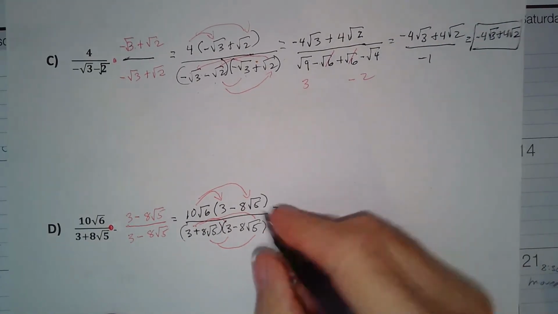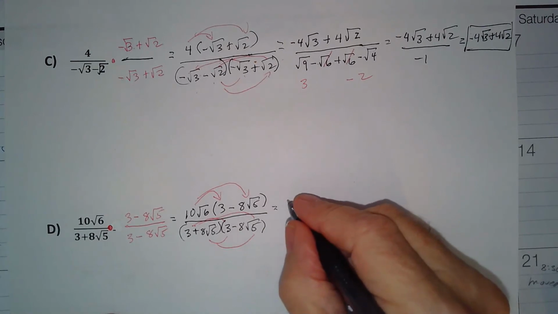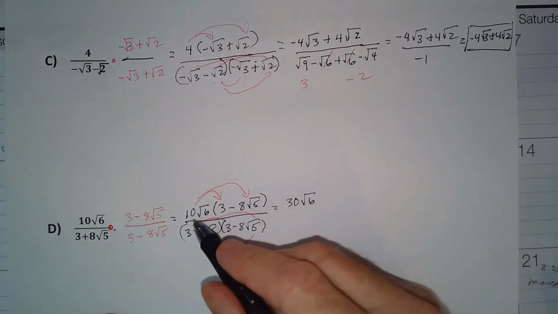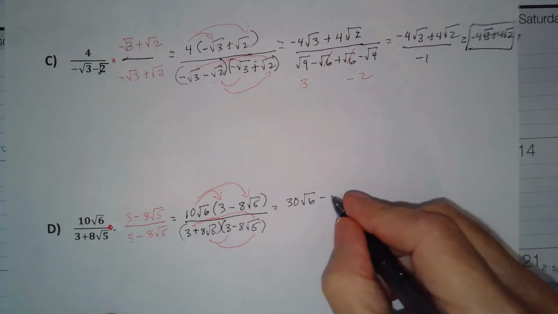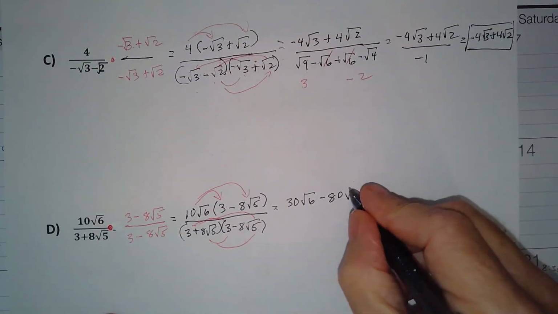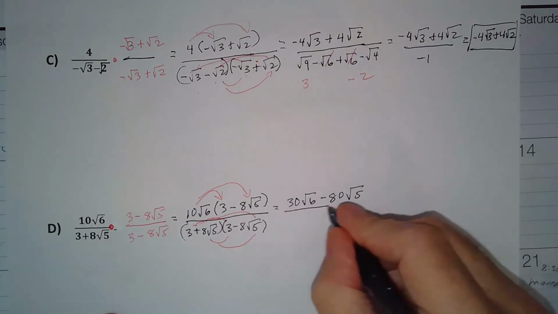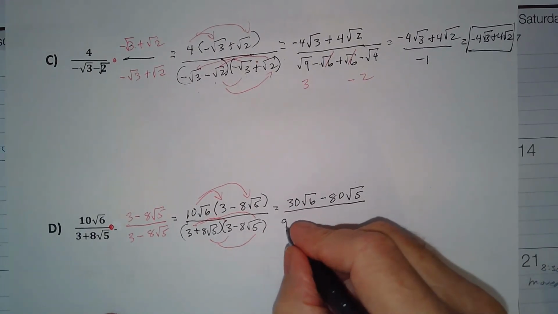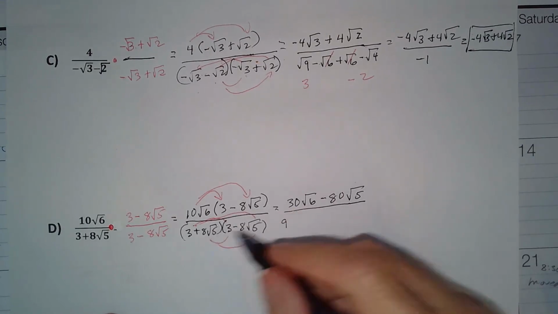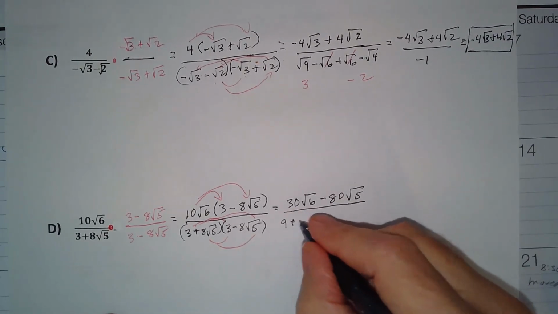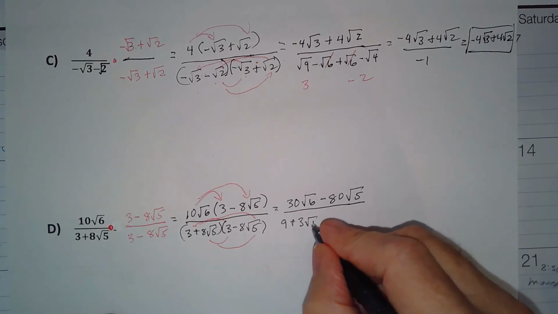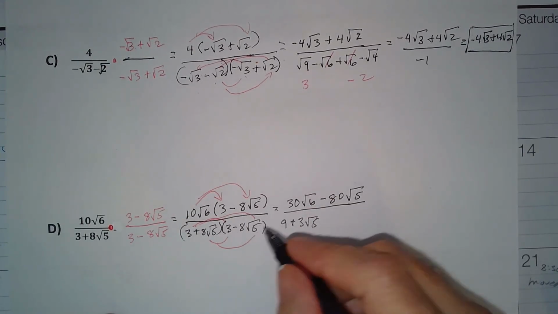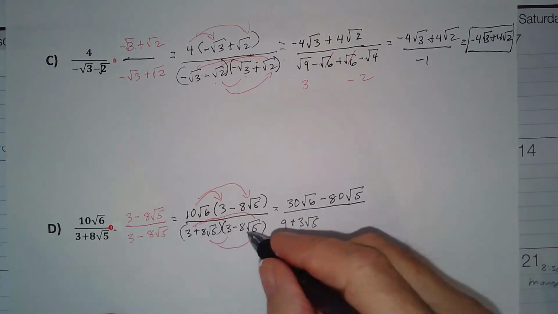All right, so 10 times 3 is 30. So we have 30 square root of 6. 10 times negative 8 is negative 80 times the square root of 5. And that's all divided by, let's see, 3 times 3 is 9. 3 times the square root of 5 is positive 3 square root of 5. Let's see. Oops. 3 times, that's negative.